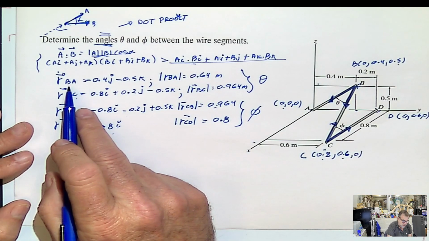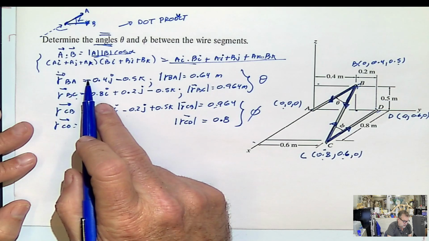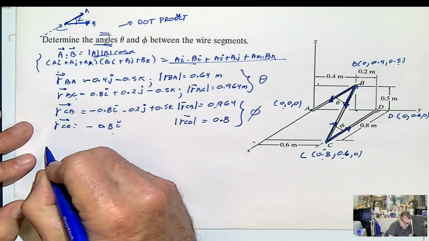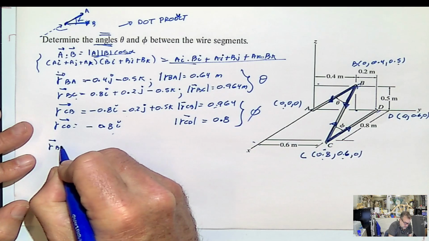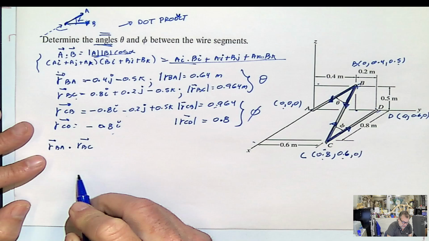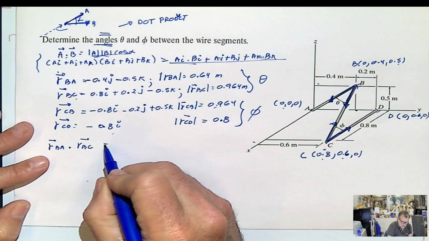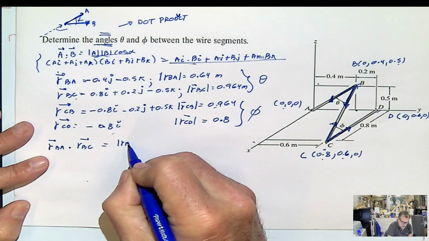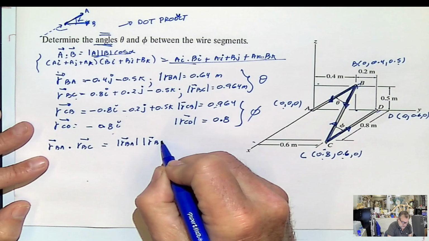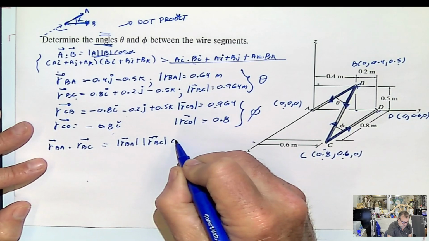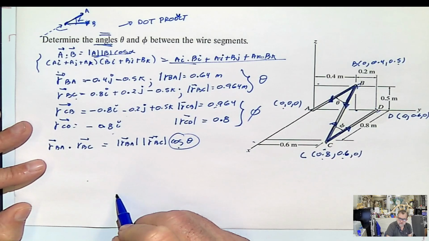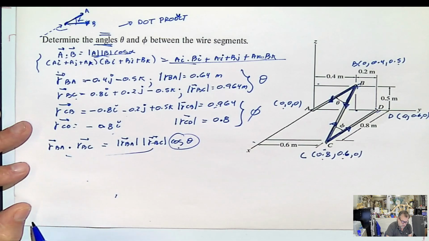If I have to find RBA times RBC, RBA dot RBC as a vector has to be equal to magnitude of RBA times magnitude of RBC multiplied by cosine of the angle. And then I can solve for this. I pass these magnitudes to the other side.